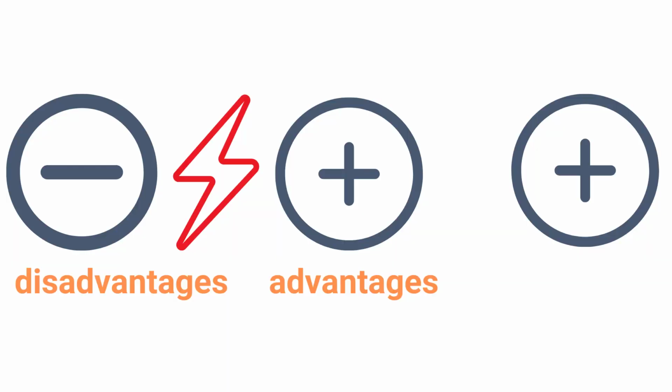If I'm trying to sell something, I can talk about, first of all, disadvantages of the product, but I can make these disadvantages minor disadvantages and then contrast them in point 2 with lots of advantages and point 3 with many more advantages. In the same way, I can talk about failure and success.